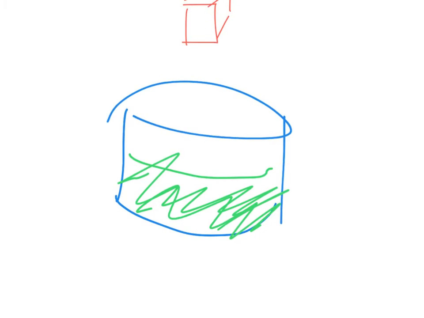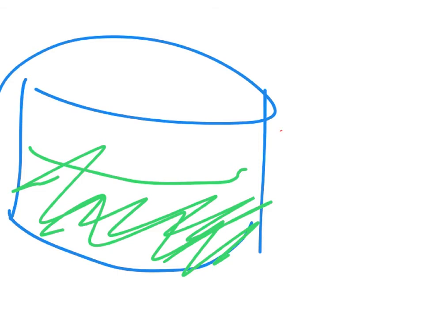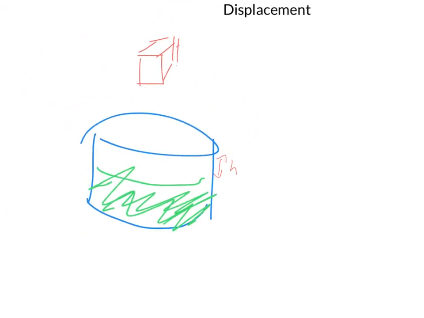When this block goes into the water, it will rise by a certain height here. Now the height that it rises by will depend on the volume, because the water is going to rise by a certain volume, which is going to be the volume of this cube. Now if you put in a bigger cube, the water will rise by more because more water is being pushed out of the way.